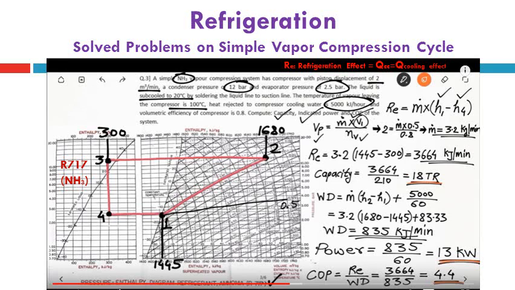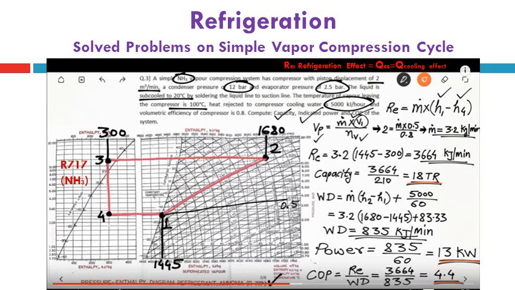Then we can get the cooling effect, Q cooling effect or refrigeration effect, nomenclatured here in this solution as RE, equals 3.2, which corresponds to the m dot refrigerant, multiplying by H1, which has been obtained from the chart, 1445 minus 300, which corresponds to H3 and H4. We get that RE equals 3664 kilojoule per minute.